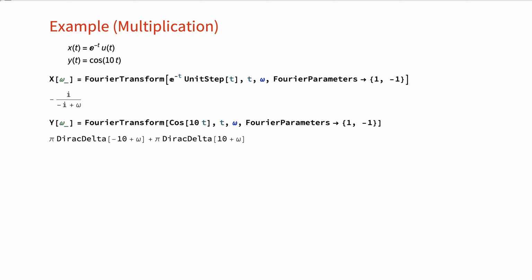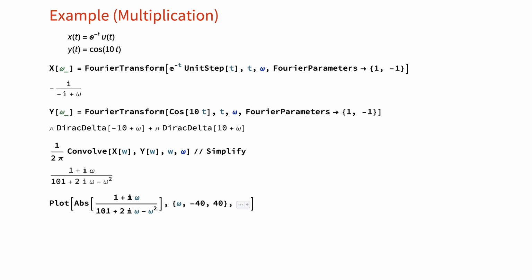According to the modulation theorem, the Fourier transform of the modulated signal is 1 over 2 pi convolution of x of omega and y of omega, or x of j omega and y of j omega. We can also plot the magnitude spectrum of the product function and see how it changes over the frequency.